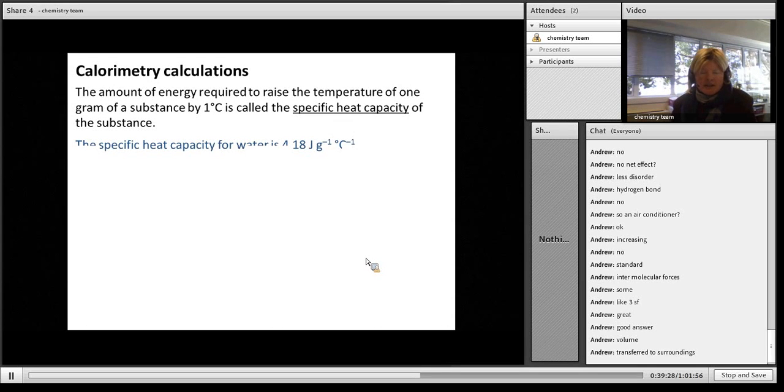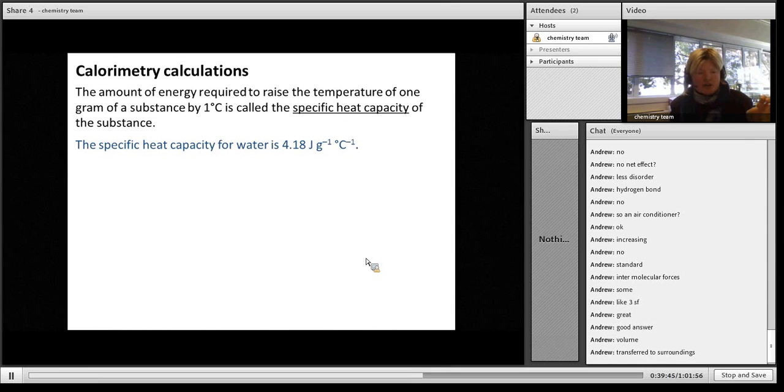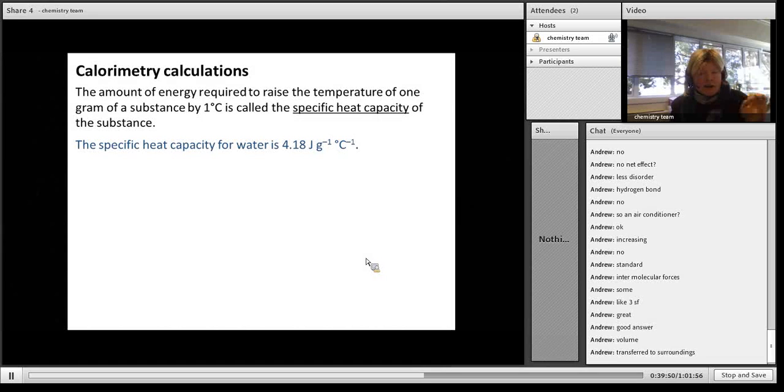For pure water it's 4.18 joules per gram per degree centigrade. So if I have 1 gram of water, so 1 milliliter, to raise the temperature of that 1 milliliter by 1 degree, in other words, to change it from 20 degrees centigrade to 21 degrees centigrade, I've got to add in 4.18 joules of energy.